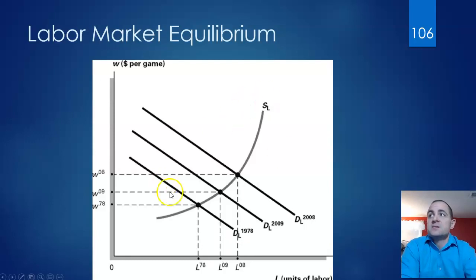Okay. So what happened? So again, we had 1978, 2009, but then you had 2008 here. So from 1978 to 2008, the wage went up, and then if you go to 2009, it went down because the demand fell, and in response, there was fewer paid in salaries.